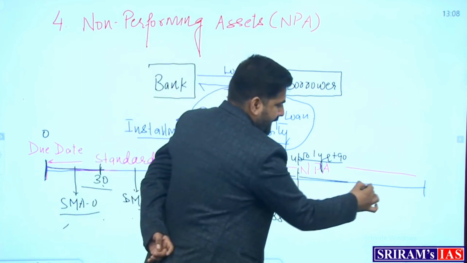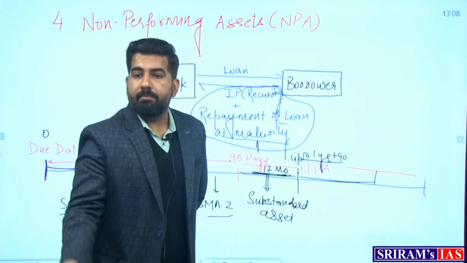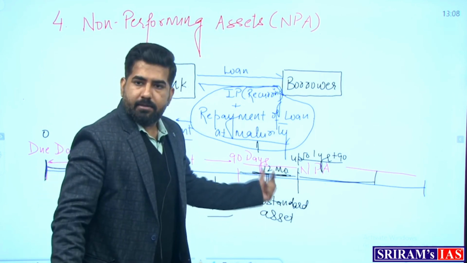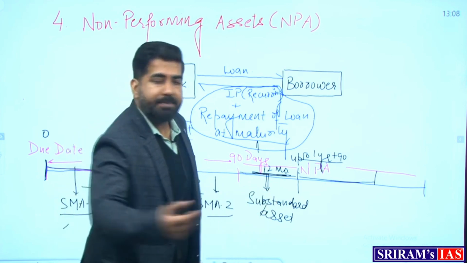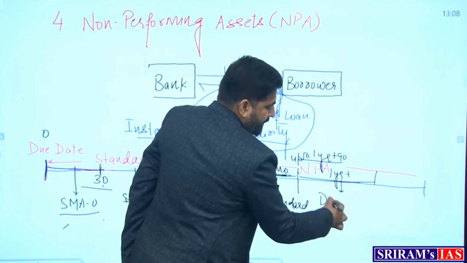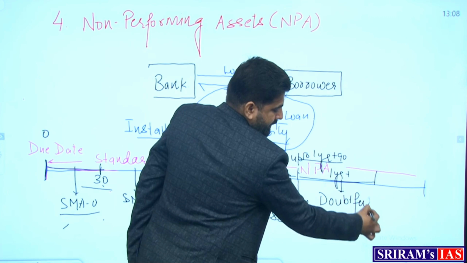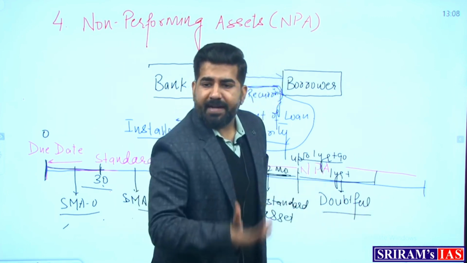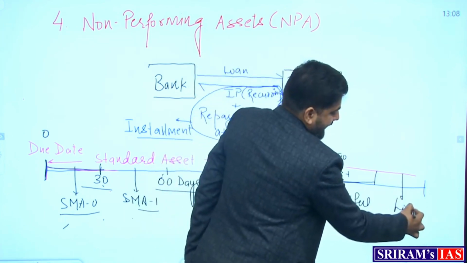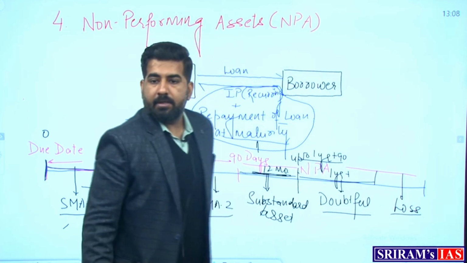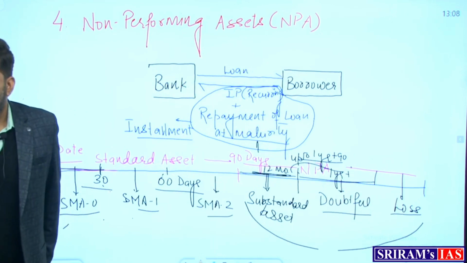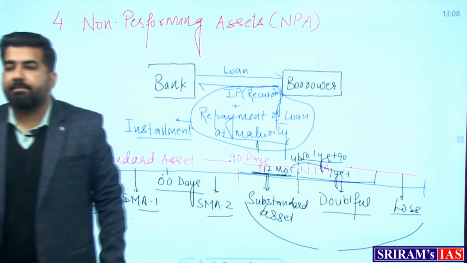If it has been NPA up to 1 year, then it is a substandard asset. But if it has been an NPA for 1 year plus, it is considered a doubtful asset. And lastly, after 3-5 years of being an NPA, that asset is likely to be called a loss asset. So these 3 are nothing but classification of NPA only. All these 3 are NPA only.